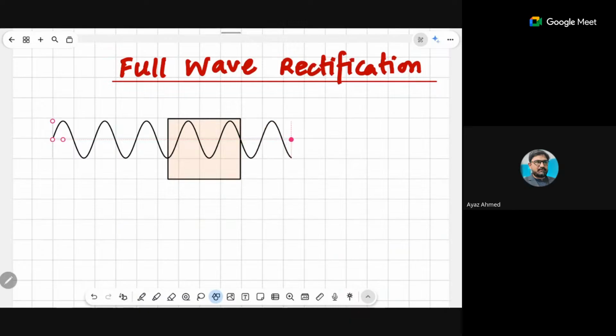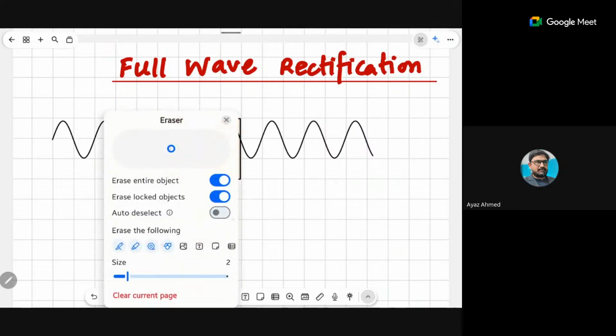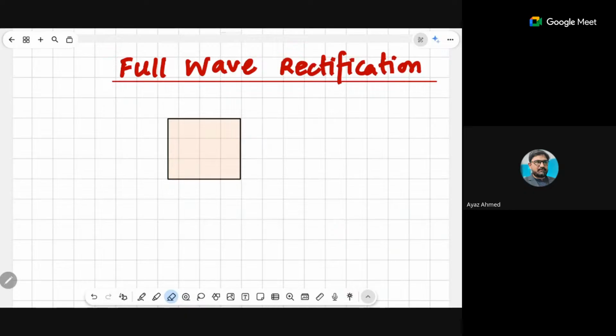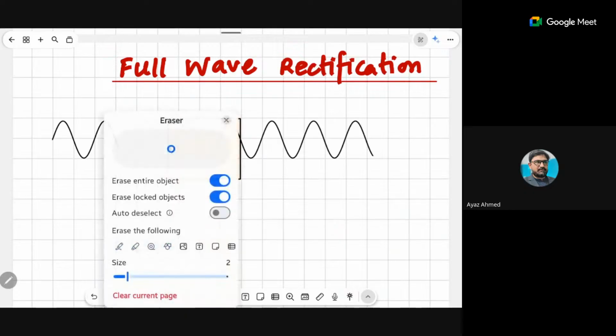Till this point it will be as it is, then it will be rectified. How will it be rectified? It will be rectified in another way. Let's say I will just draw the diagram for you, and then you will be able to understand the concept of rectification.